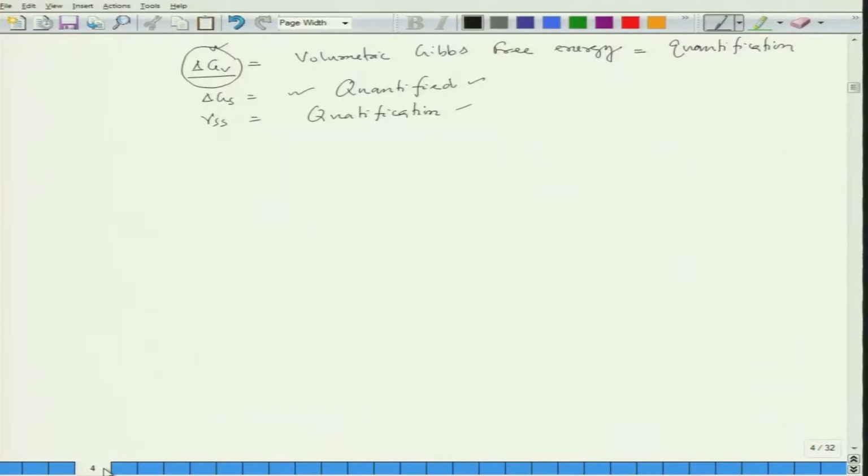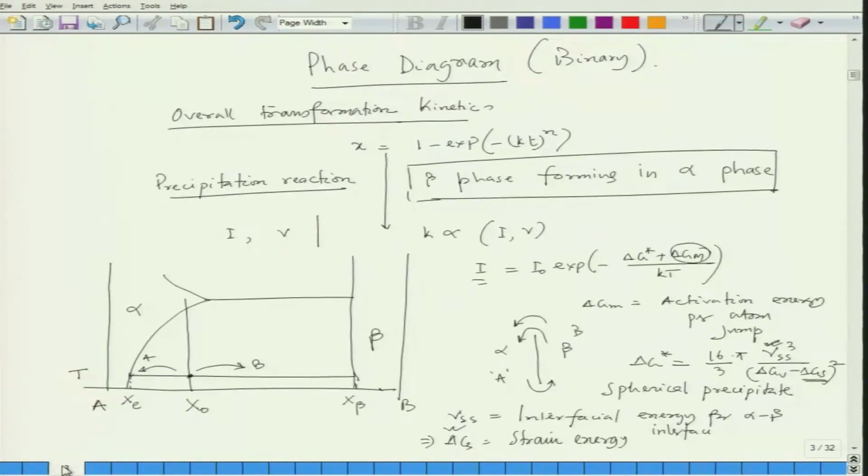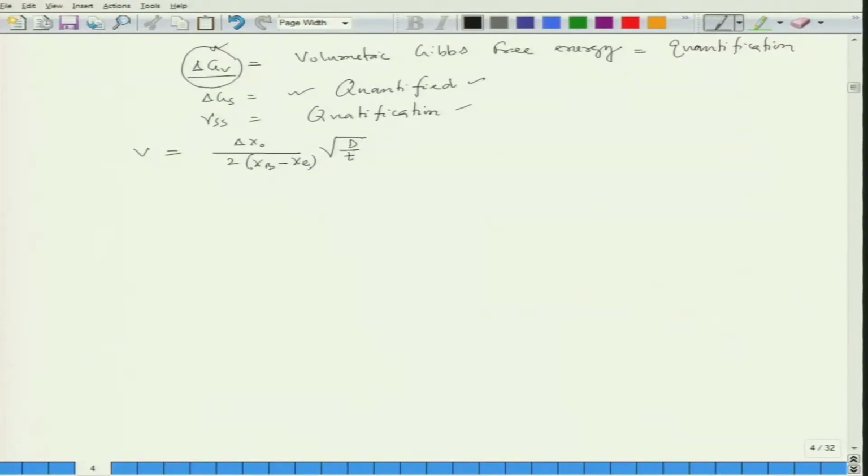Now, coming to the V expression, V is related to delta x0 divided by 2 xb minus xc, root over d by t. Now, delta x0 is nothing but this. And D is nothing but the diffusivity, which is related to D0 exponential minus delta Gm by kT.